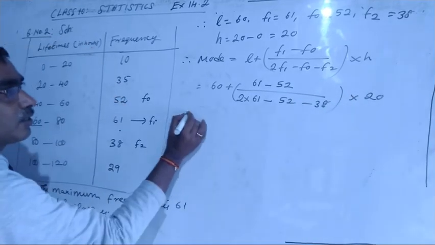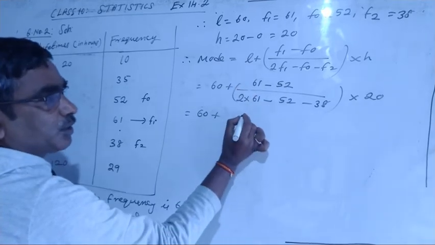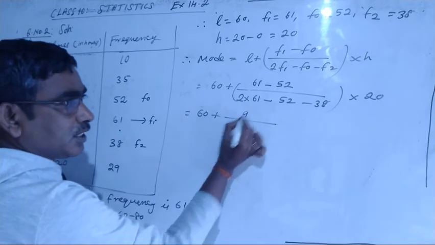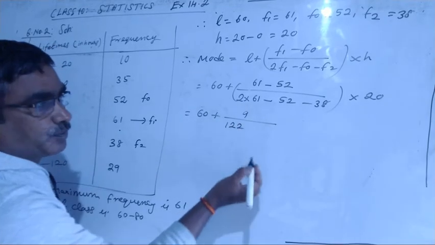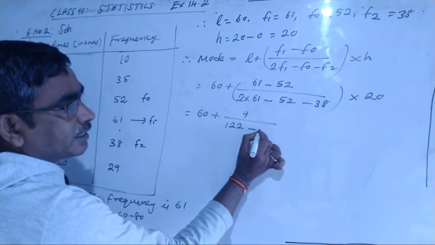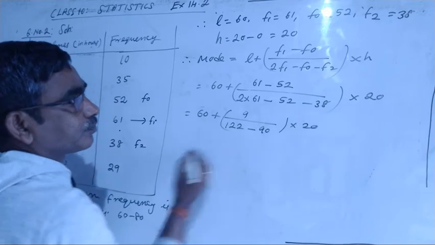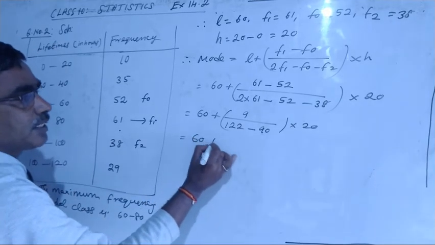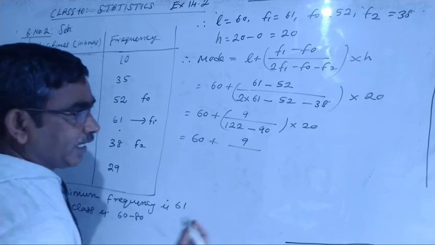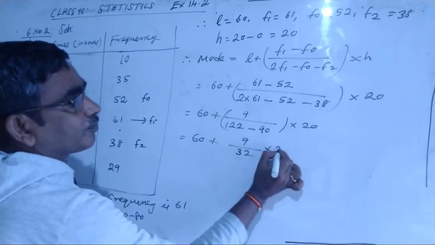Let's simplify. 61 minus 52 is 9. 2 times 61 is 122, minus 52 minus 38, which is 90. So 60 plus 9 by 122 minus 90, which is 32, into 20.